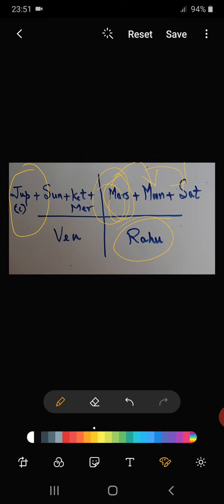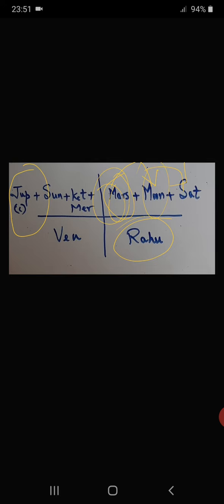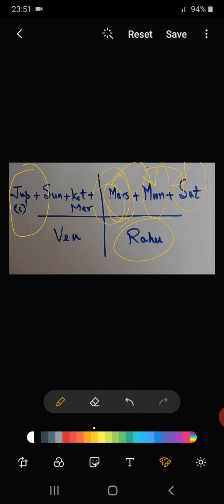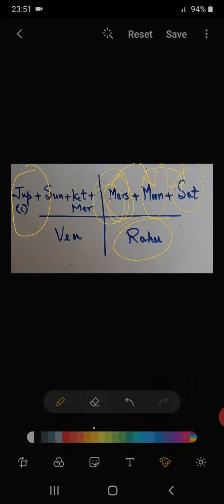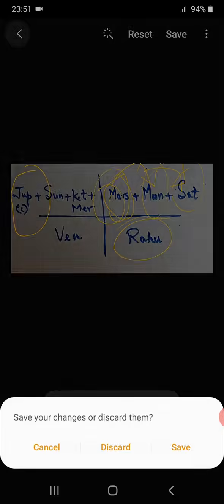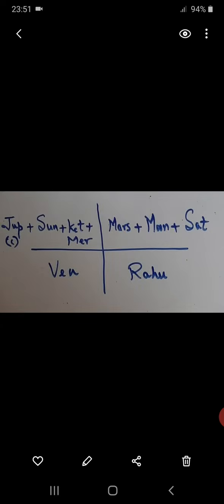So the person would have a fickle mind, emotional because of the Moon, and fickle because of Saturn. There is always a conflict of interest within the mind. So you have to understand it in this way. That is what this one shows.